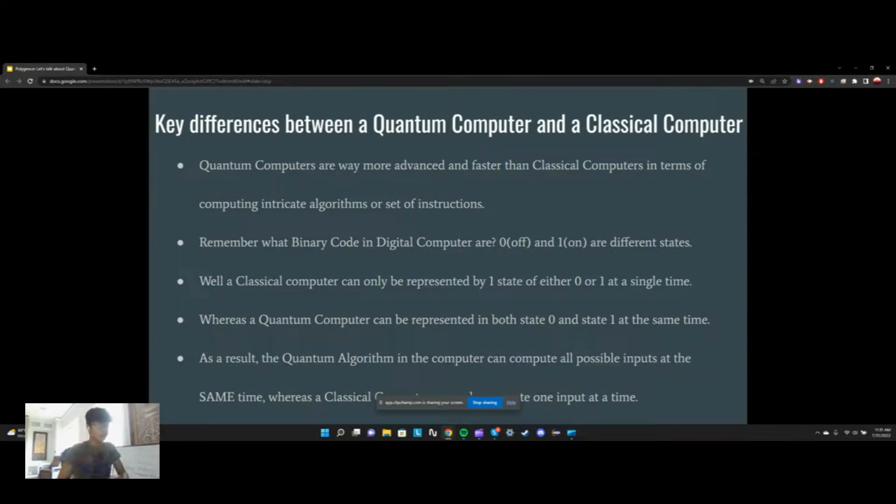But a classical computer can only compute one input at a time. Now, what does this mean? Well, let's go back to our example of the numerous amount of solutions for finding the cure for cancer, right? If we input those infinite to numerous solutions in a classical computer's algorithm, it's going to go through all the solutions one by one.